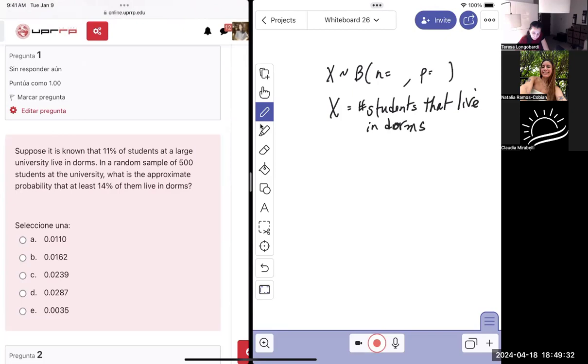Got it? N is 500, so you have to say here, out of 500. And the probability of living in dorms is given, 0.11.